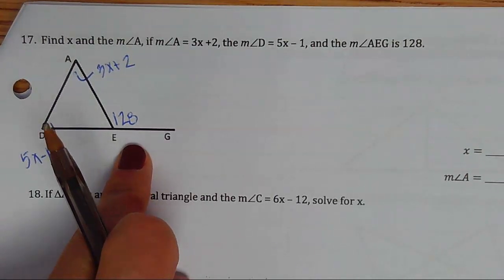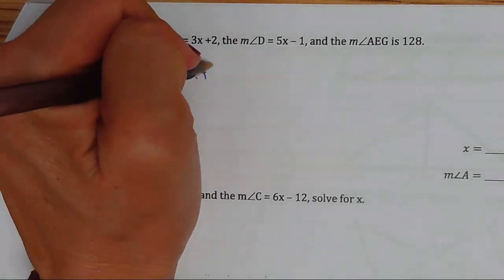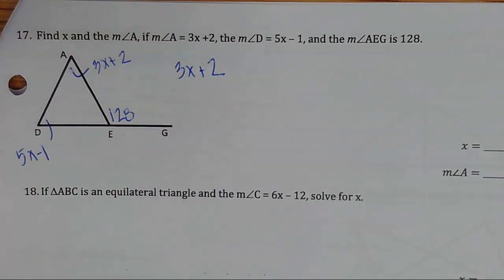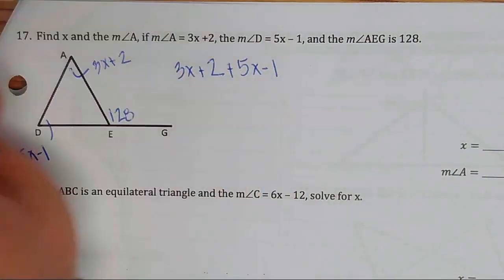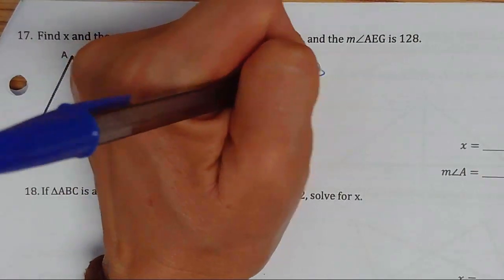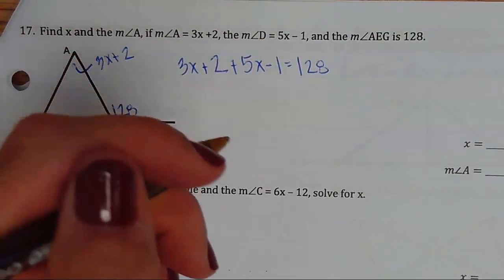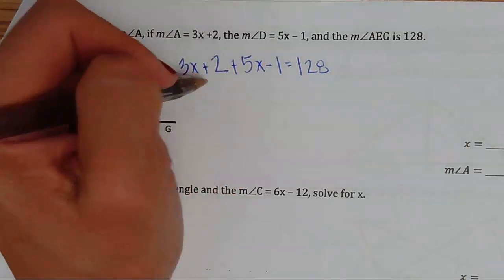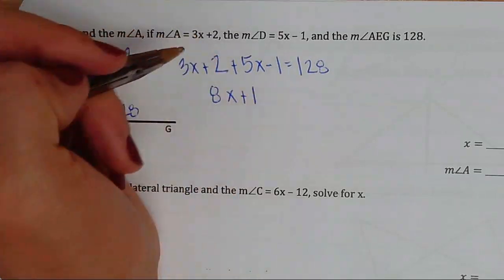So we are going to do 3x plus 2 plus 5x minus 1, and it's going to equal 128. So I'm going to combine like terms. I'm going to get 8x plus 1, right?